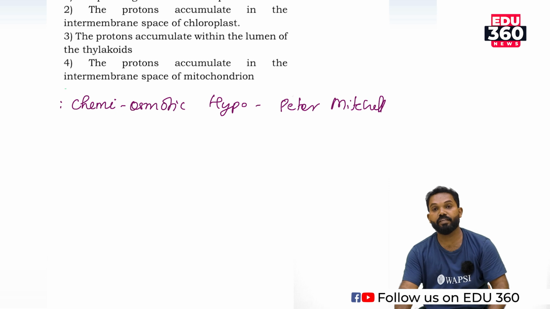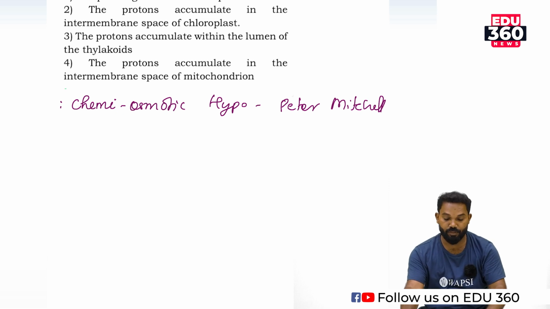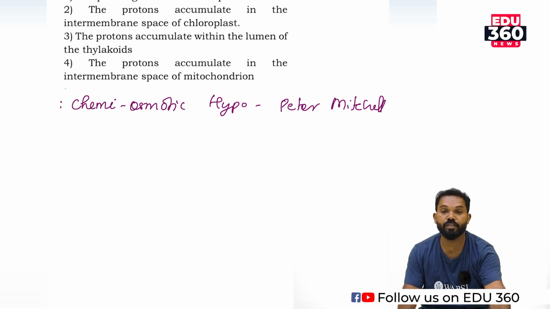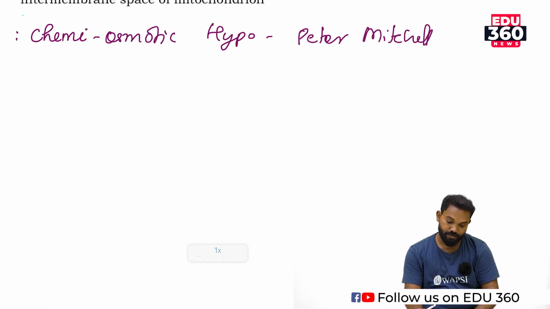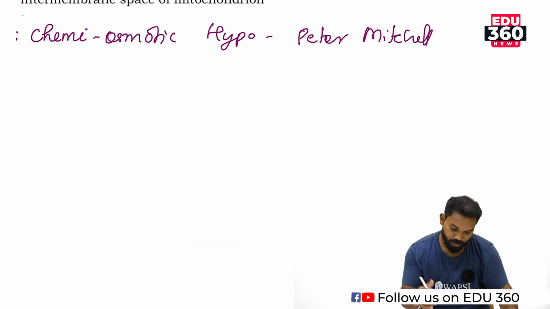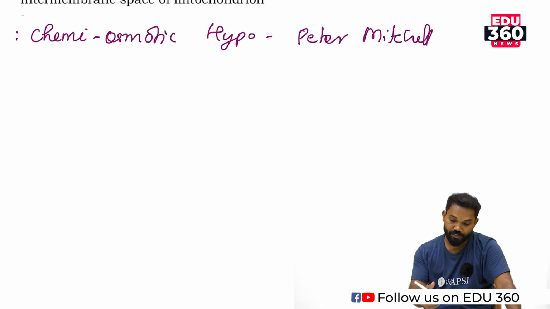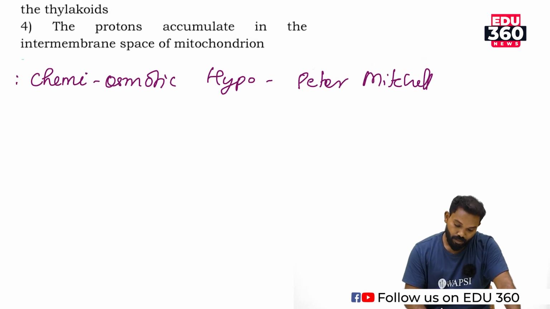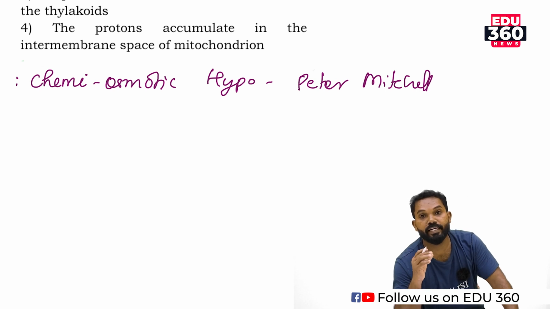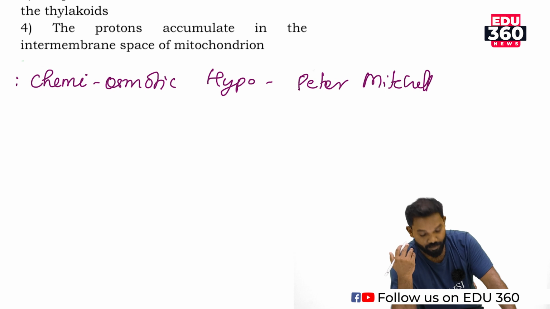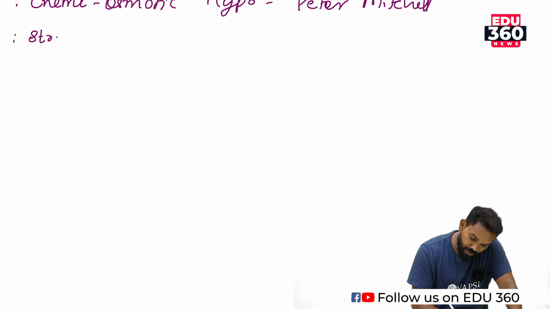What is meant by the chemiosmotic hypothesis? It demonstrates the formation of a proton gradient across the membrane, where it takes place. First, we need to understand the structure of the chloroplast.